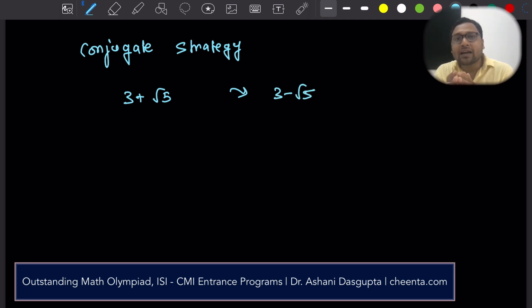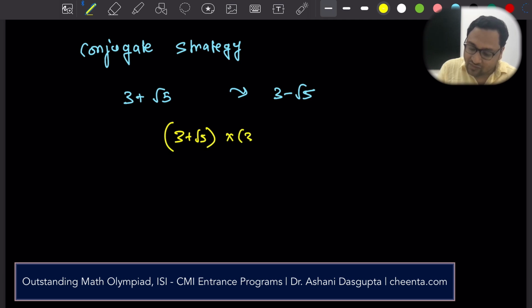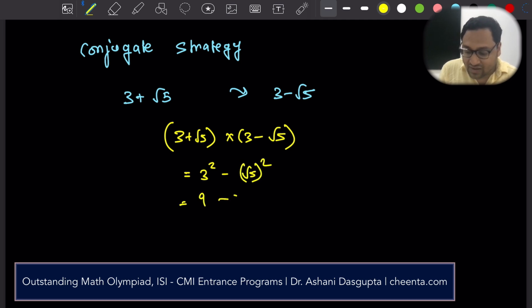If you multiply conjugates, something interesting happens. You get an integer. (3 plus root 5) times (3 minus root 5) is simply 3 squared minus root 5 squared, which is 9 minus 5, which is 4.